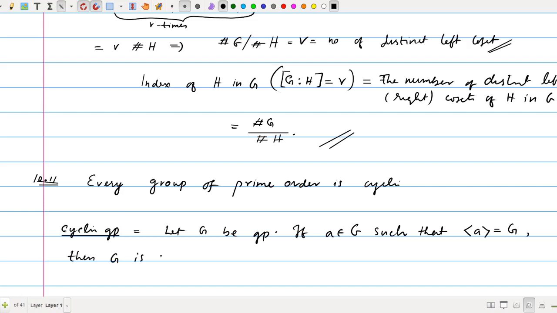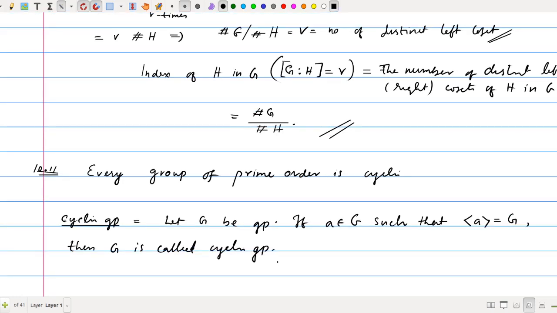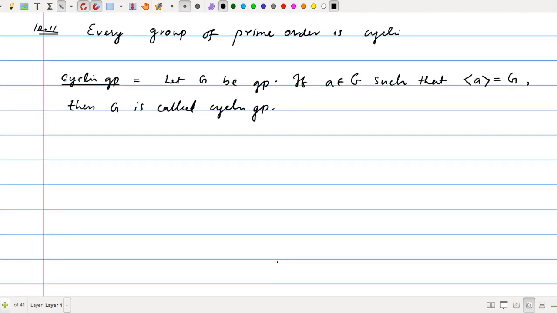This is the definition of the cyclic group. You need at least one generator. A generator means an element which generates G, that is, the smallest subgroup containing that element is the group itself. So if such an A exists, then we can say that G is a cyclic group.